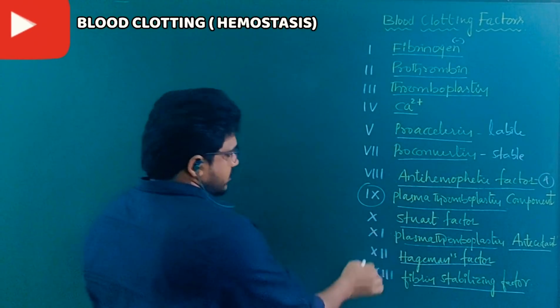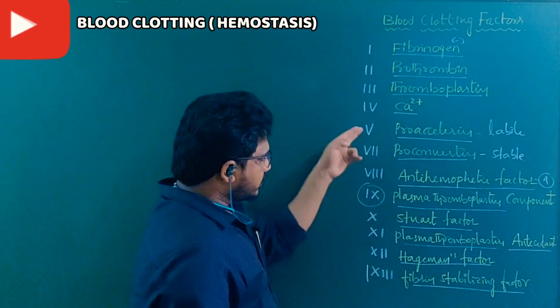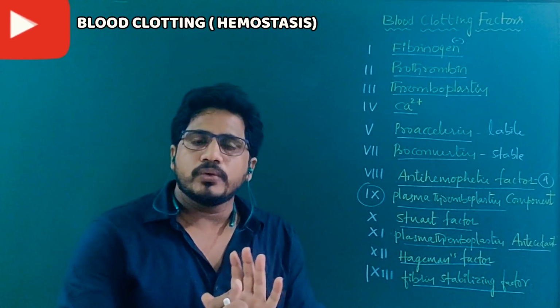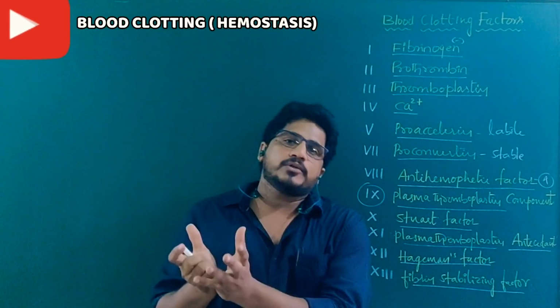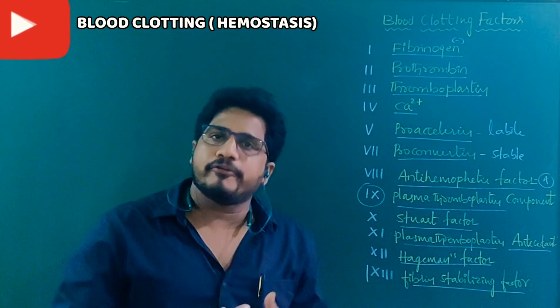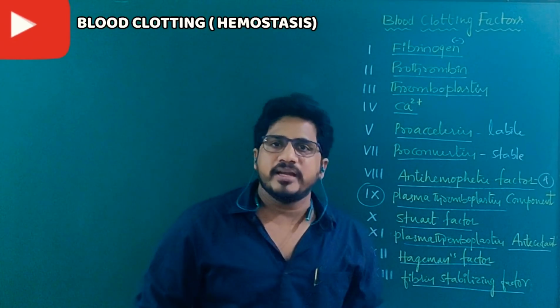Almost all of these factors except 13 help to convert the inactive prothrombin into thrombin. Means they are all used before the first step.